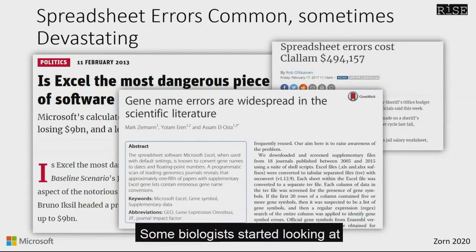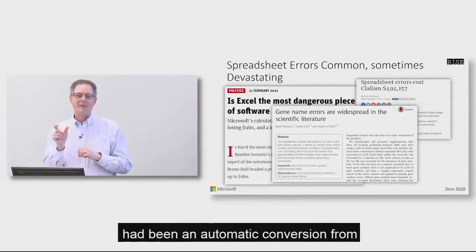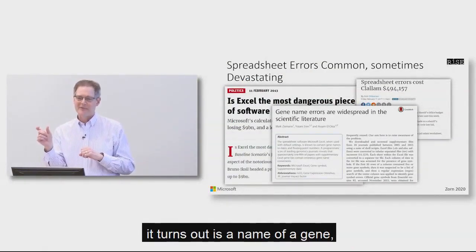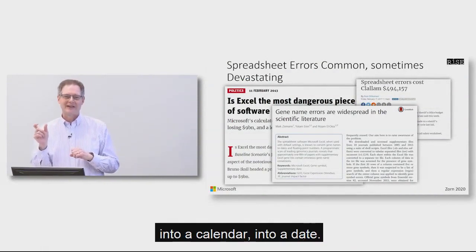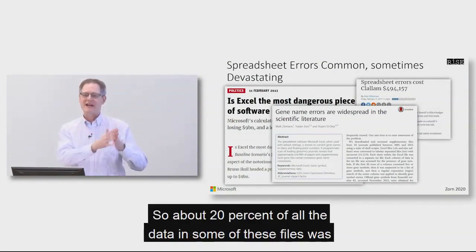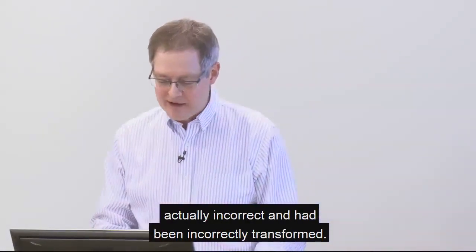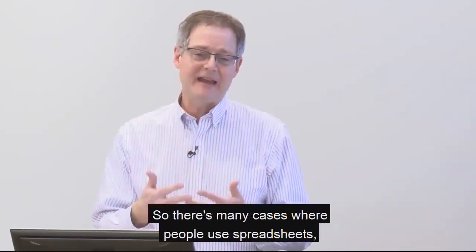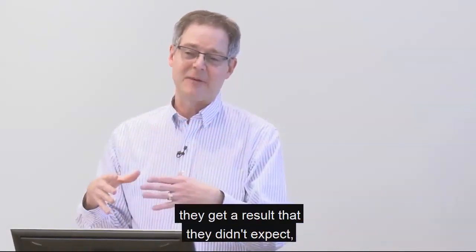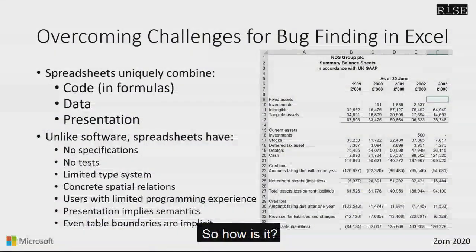And some biologists started looking at these spreadsheets and realized that there had been an automatic conversion from the gene names, like SEPT1, which it turns out is the name of a gene, into a date. And this had not been discovered, so about 20% of all the data in some of these files was actually incorrect and had been incorrectly transformed. So there are many cases where people use spreadsheets, they get a result that they didn't expect, and we'd like to help them with that.